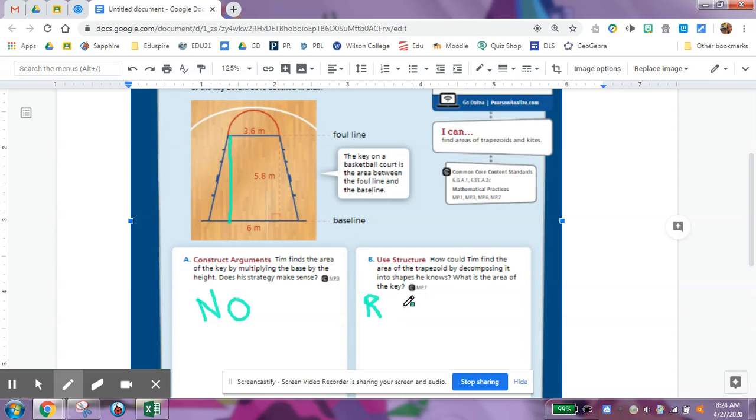So the area of the rectangle is going to be base. So we have this whole base, which is 3.6 for the rectangle, because we don't want to go all the way across the bottom. Times the height, which is given right here, which is 5.8.